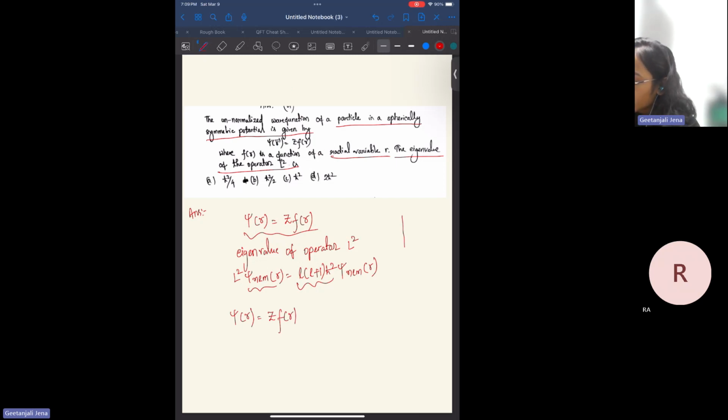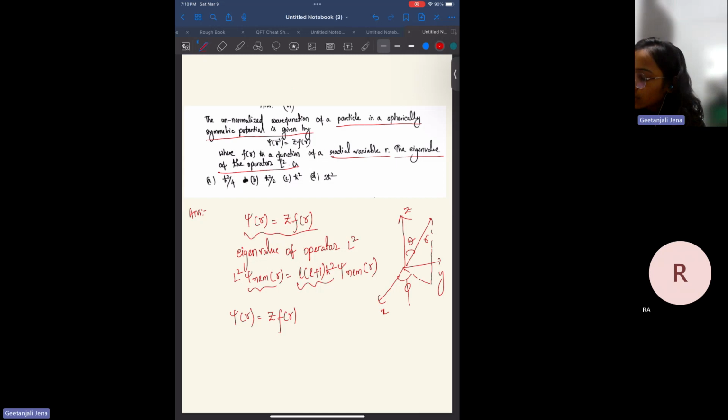Now you know that in spherical polar coordinates, which you represent like this, this is theta, this is r, and there is one other variable phi. So for this, z is r cos theta, right? That means here z is r cos theta times f of r.